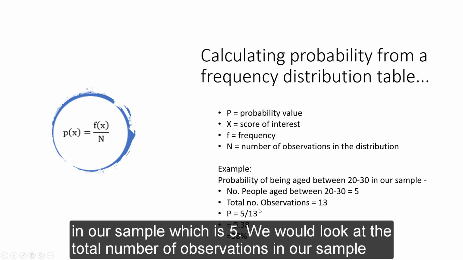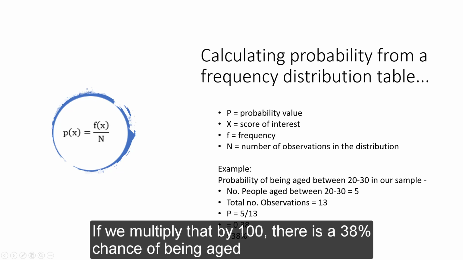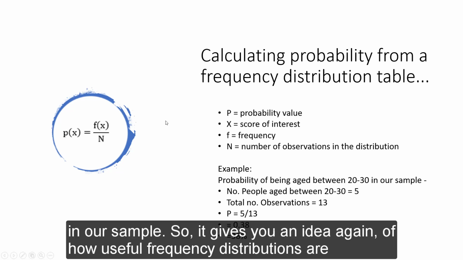We would look at the total number of observations in our sample, which is 13, and we would divide 5 by 13, which equals 0.38. Multiply that by 100, so there's a 38% chance of being aged between 20 to 30 in our sample. So it gives you an idea of, again, how useful frequency distributions are.